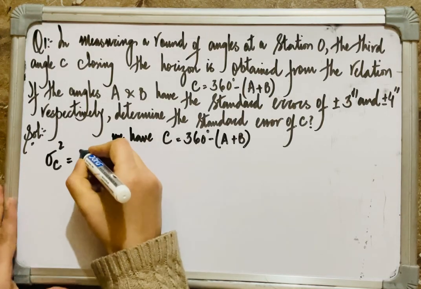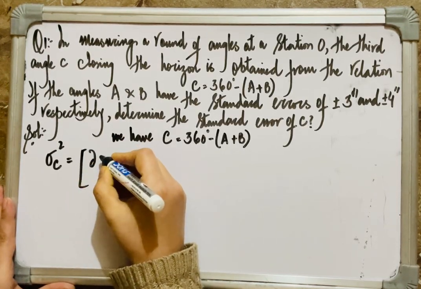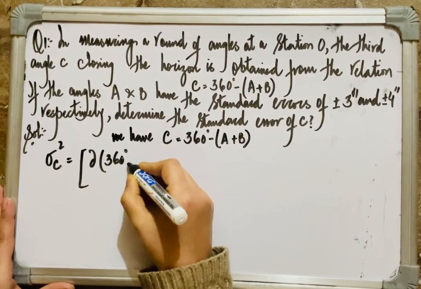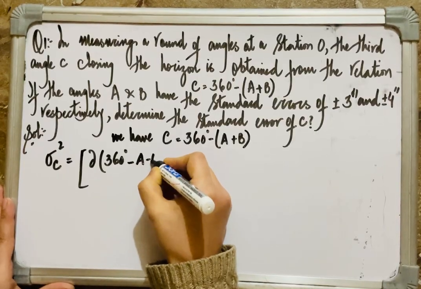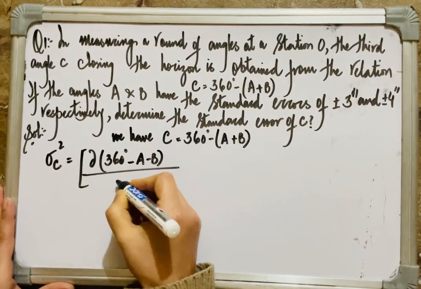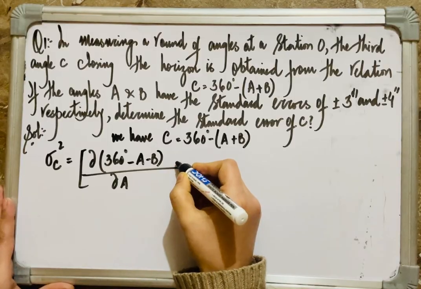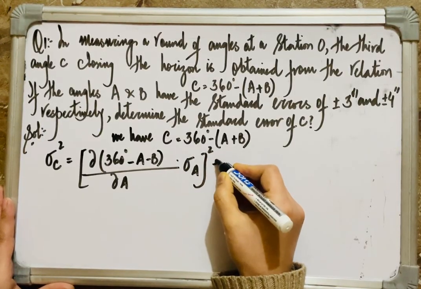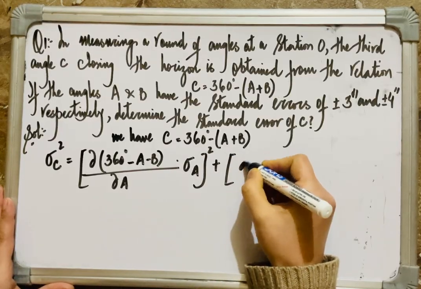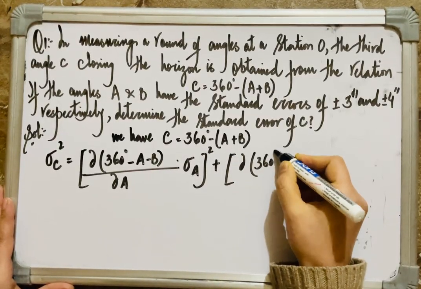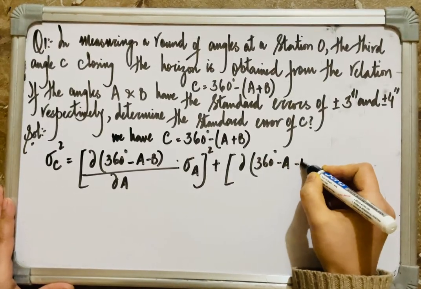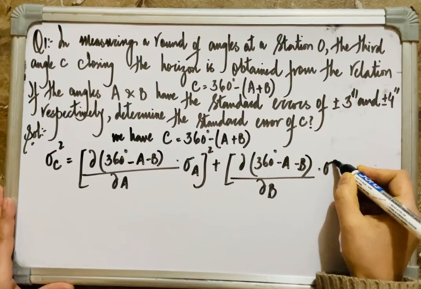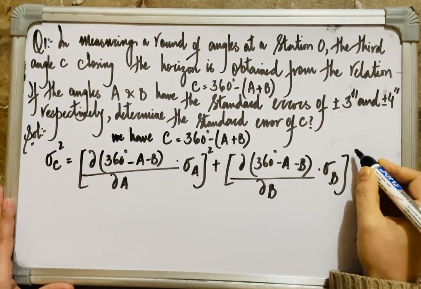So I may write it like, I will differentiate 360 degree minus A minus B with respect to A, times standard error in A, square of it. We have to then sum it up with 360 degree minus A minus B differentiated with respect to B, times standard error in B, square of it.